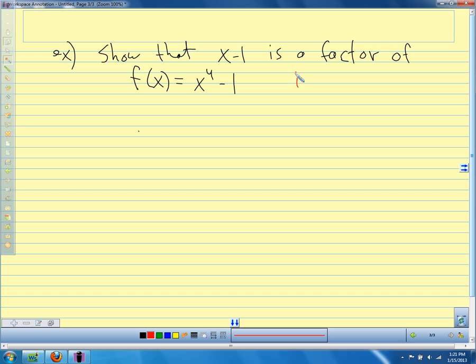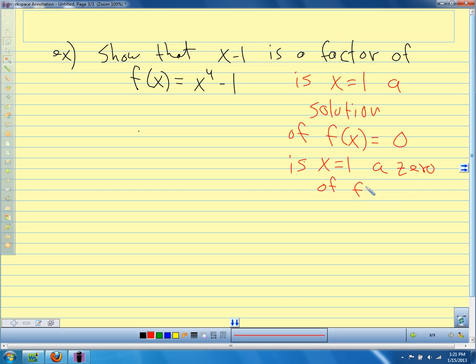This is asking, is x equals 1 a solution of f of x equals 0? Or is x equals 1 a 0 of f of x? Well, what do I get when I plug in 1 for x here? 1 to the fourth minus 1 equals 0.